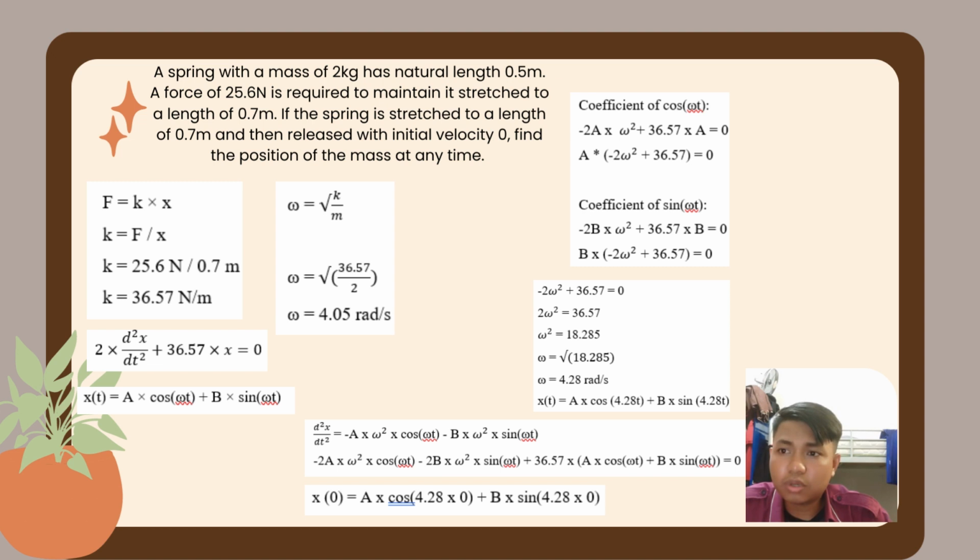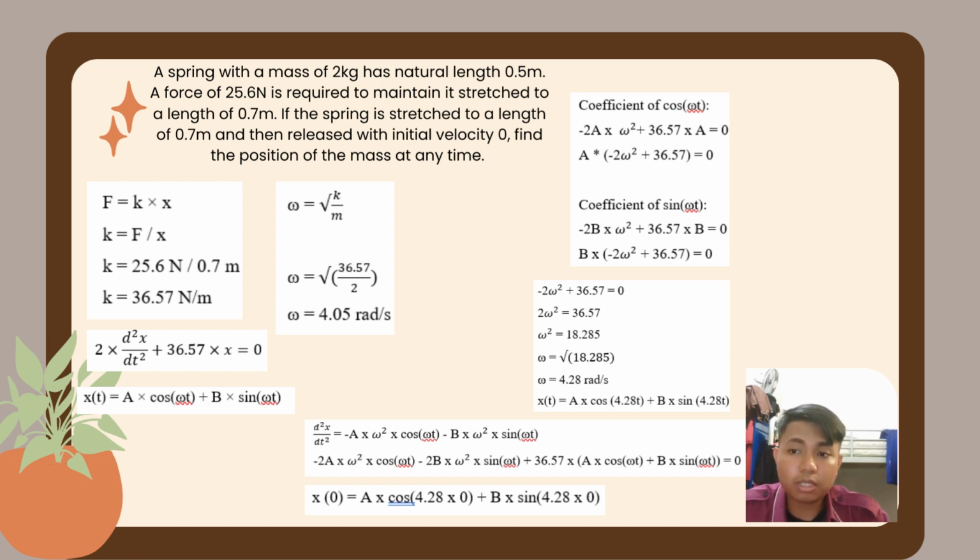So the coefficient of cos omega t and the coefficient of sin omega t we need to find first. So to get the value of x(t), we use negative 2 omega squared plus 36.57 equal to 0.